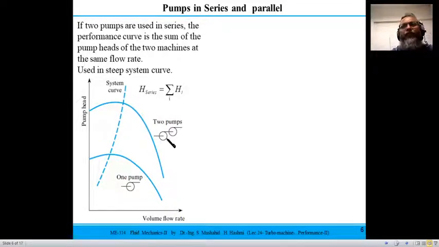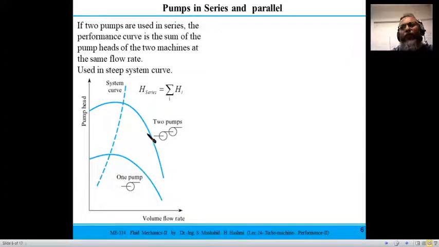Then you need to use two pumps in series. That is what is usually done in the multi-stage pump, where you don't want much flow rate, but you want more head.